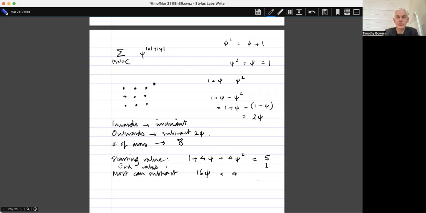So with a little bit more care, it should be possible to argue that what we can subtract is a lot less than 16 psi.